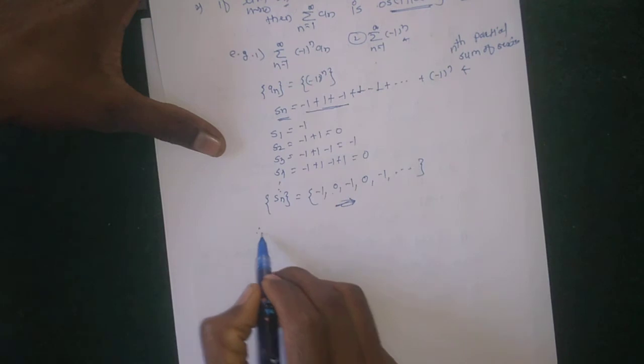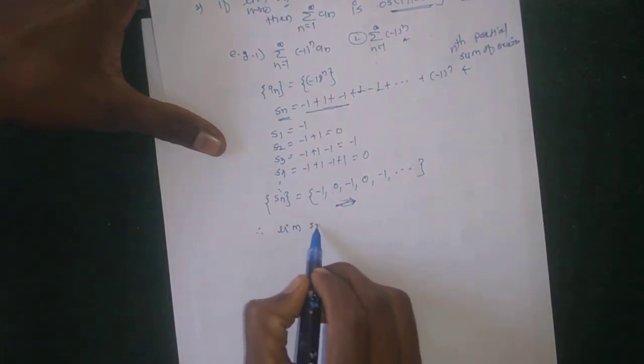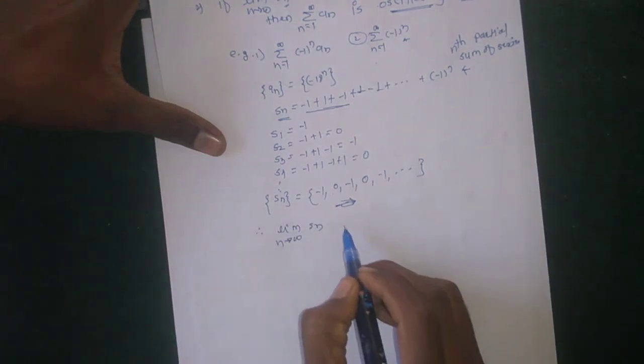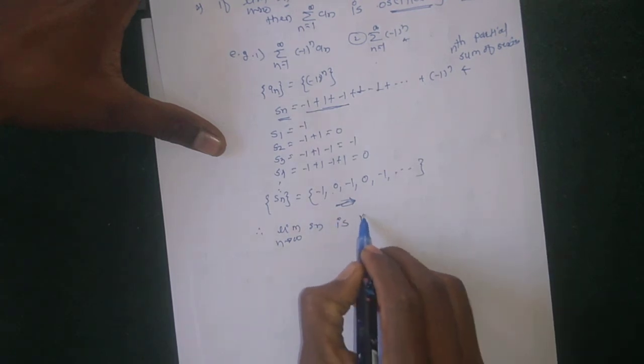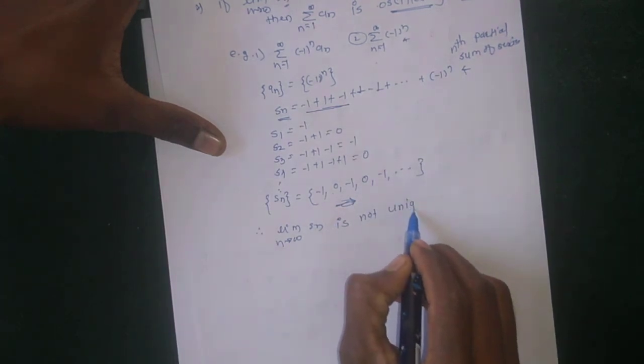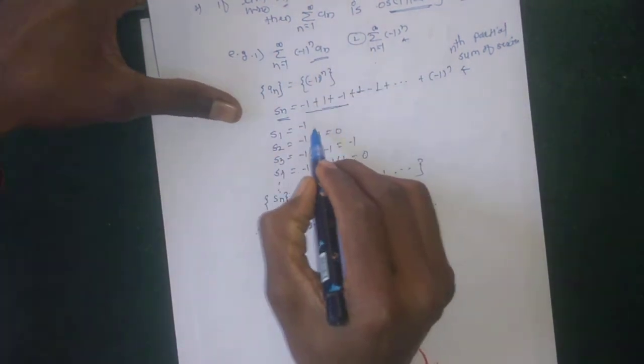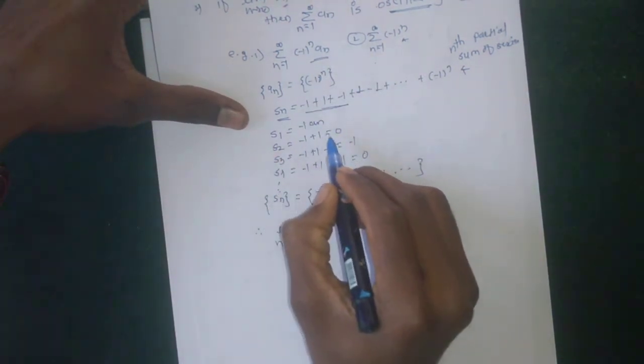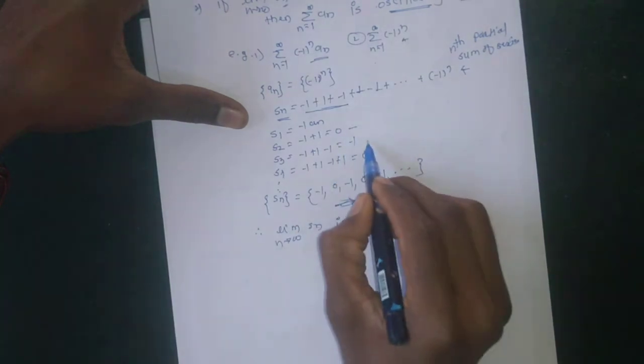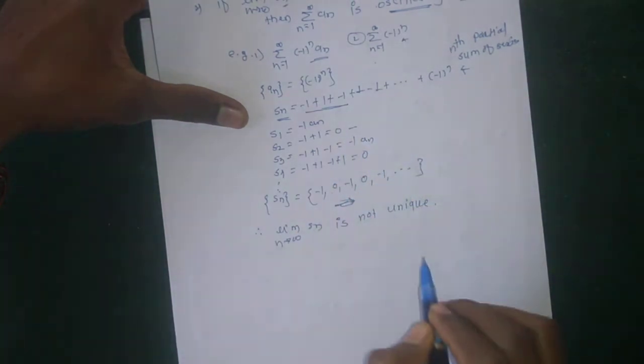Therefore the limit of Sn, where n runs to infinity, is not unique. Suppose s1 is equal to minus 1, then 0, then minus 1, and so on, the values are minus 1 and 0 in this way.